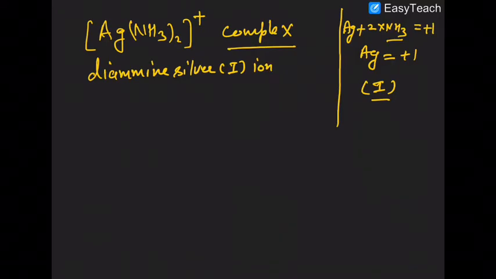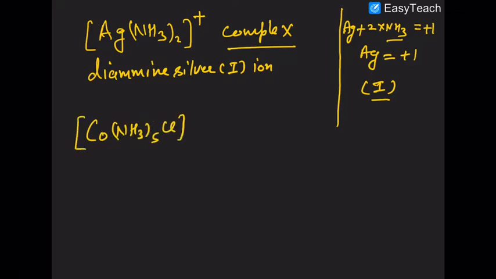Okay, are you sure? Now let's look at one more example. Cobalt 2 plus ion. So here what will you see? Now first you will find out the oxidation state of cobalt.